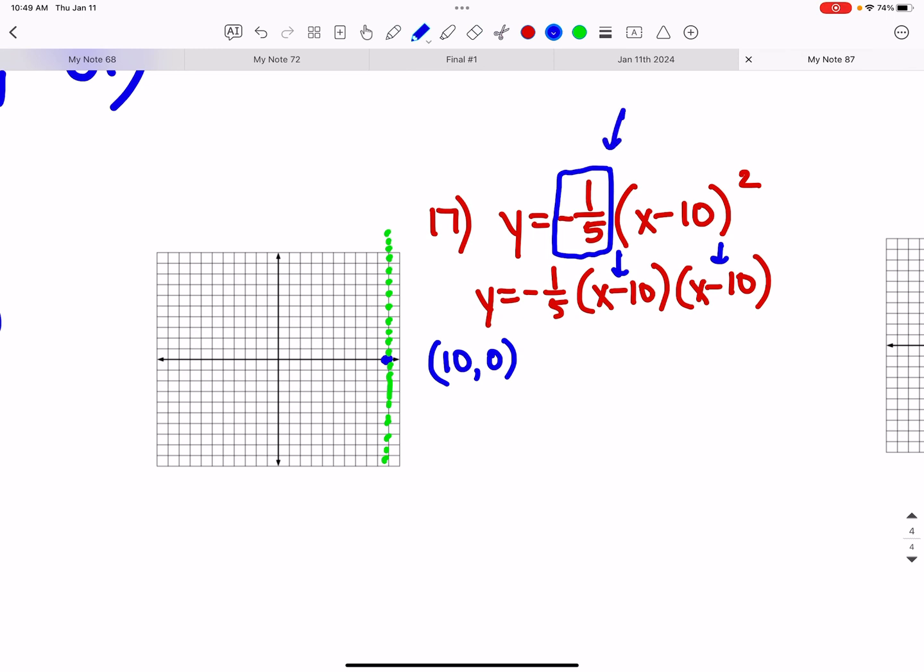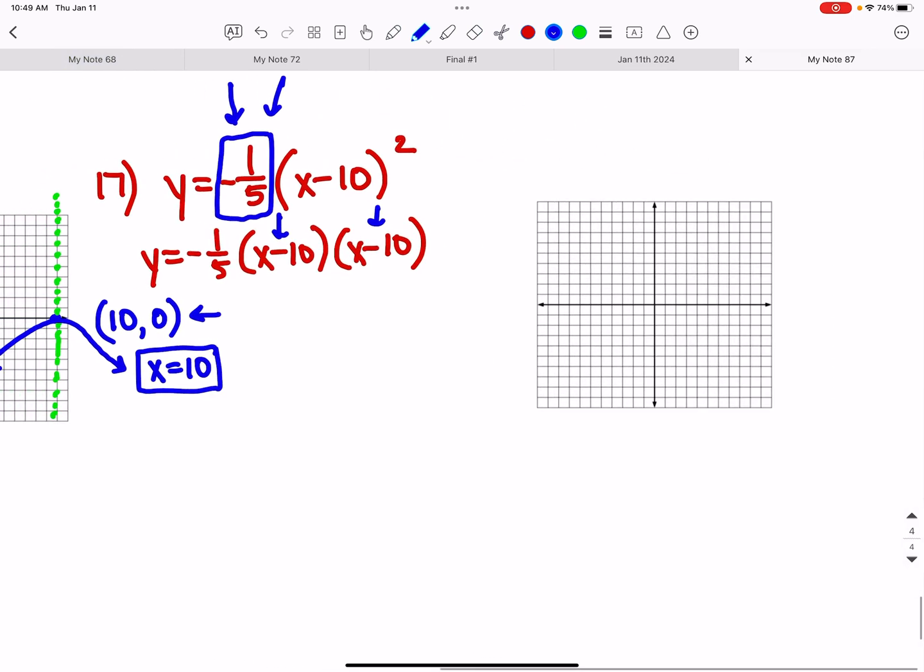It's not growing very fast. So we're going to go maybe like that. And we're done. So that is the vertex. The axis of symmetry is x equals 10. That's the green line. That's where it's symmetrical. And because this is negative over here, the whole thing turns upside down.